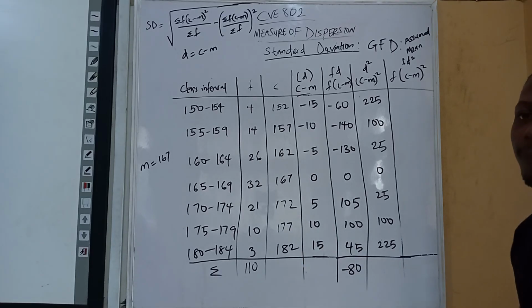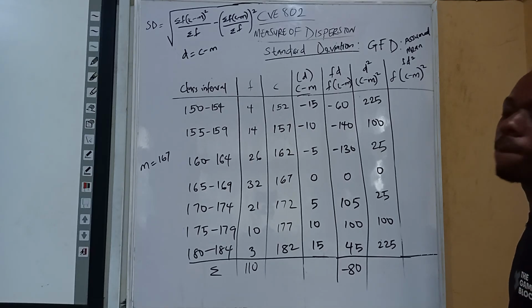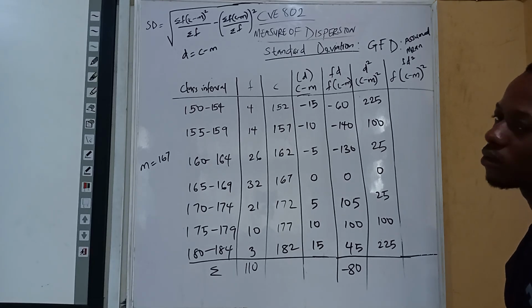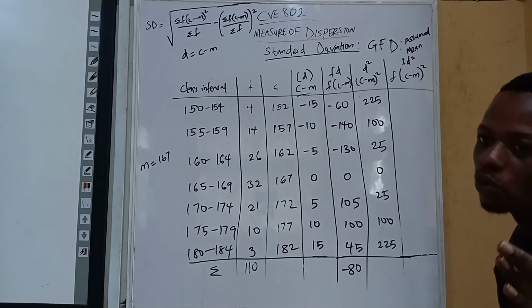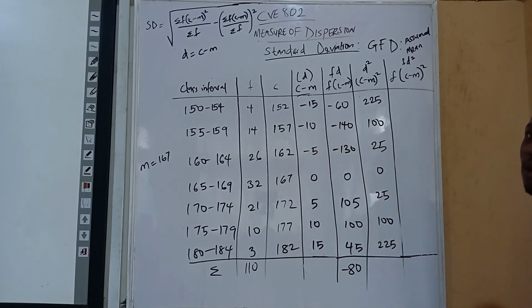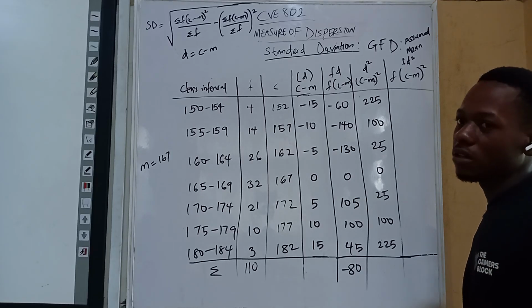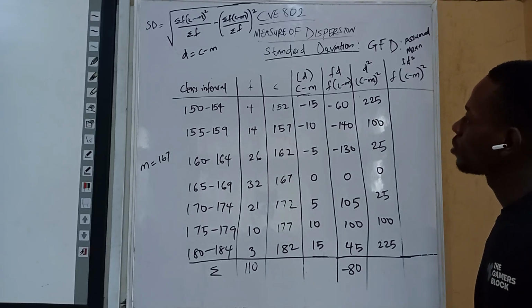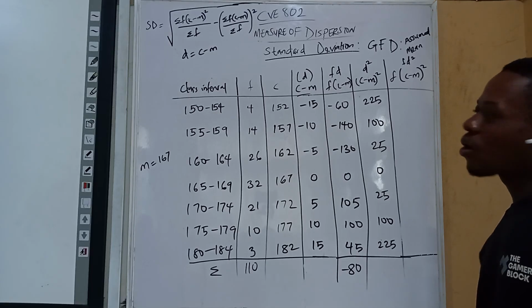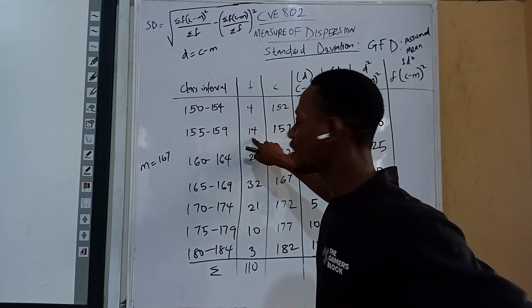When I look at this, 150 minus 154. No, it's not 150 minus 154. It is between 150 and 154. This is the class interval, it's not minus. How did I get this one?